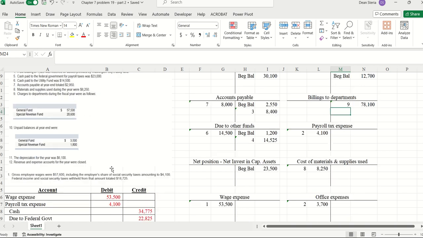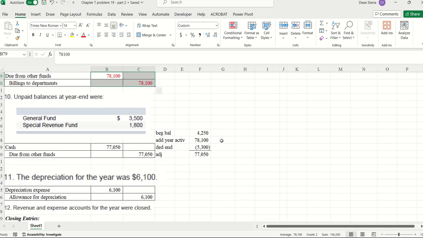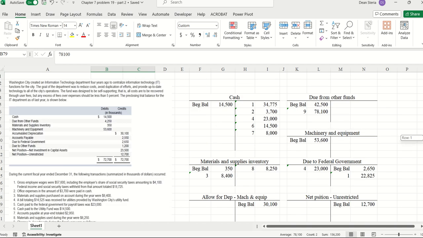Okay. Let's go down and mark it off. And then 10, we got cash and due from other funds that we calculated. So cash and other funds, we received some money, and that was 77,050.